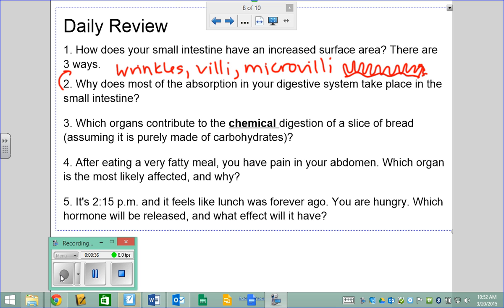Now, two kind of piggybacks on question number one. I'm asking, why does absorption take place in your small intestine? Obviously, the number one answer is because of the surface area that's available. But since we already answered that, we have to think about, what does absorption mean? Absorption means whatever you eat is getting into your bloodstream.